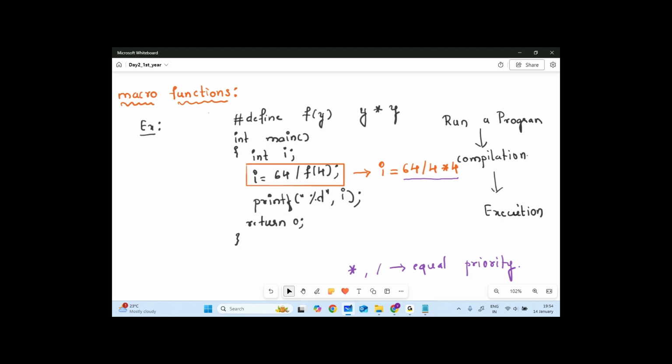Whichever comes first, evaluate that first. So if you look at this expression, the first operation we get is division. If I solve that, the value I will get is 16. Now 16 multiplied by 4, what result do we get? This is the value printed by i.